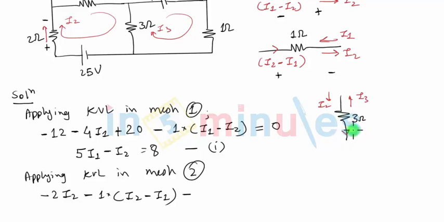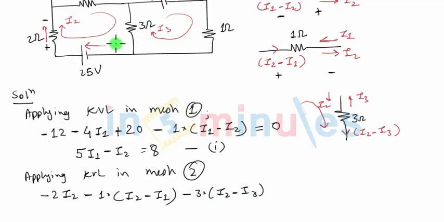What will be the value of this? It will be nothing but I2 minus I3. The difference between I2 and I3 in the downward direction will be I2 minus I3. So once again, because we are traveling in the clockwise direction, we are in the same direction as I2 minus I3. So the drop will be negative and it will be equal to resistance, which is 3 into I2 minus I3. Next we come across this 25 ohm.